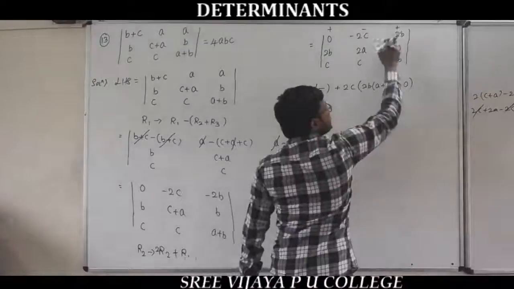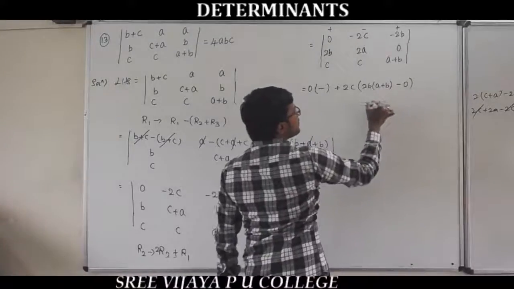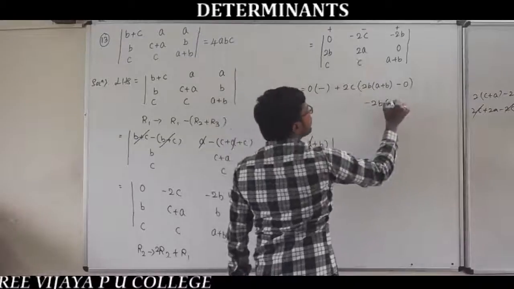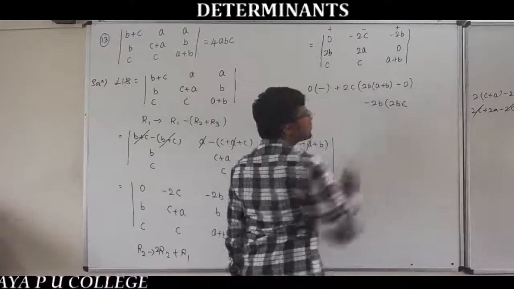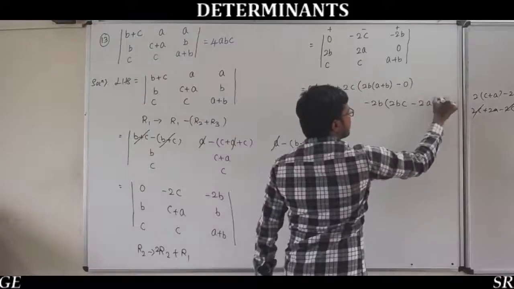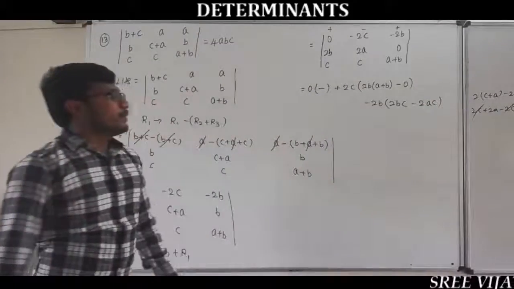Next, plus into minus, so second term minus 2B, 2B into C, 2BC, and 2A into C, minus 2AC.